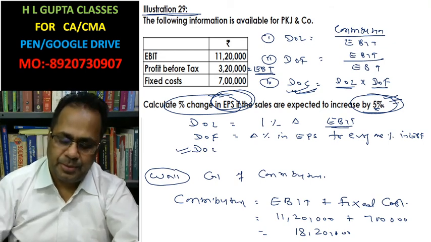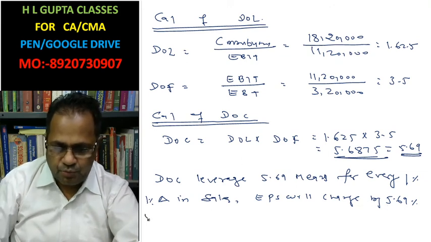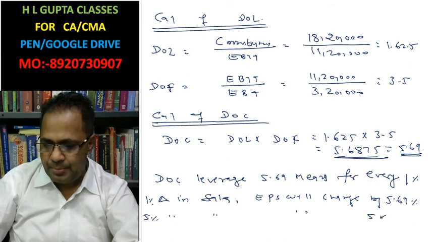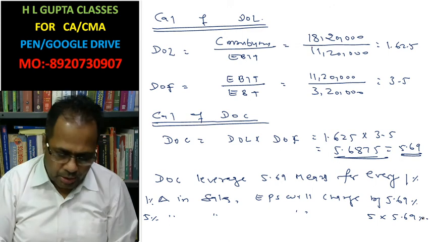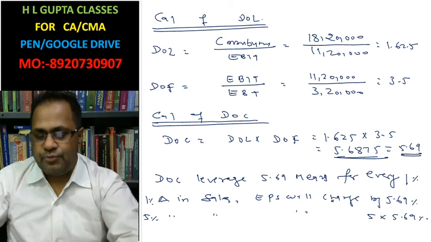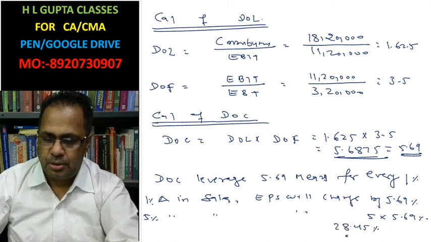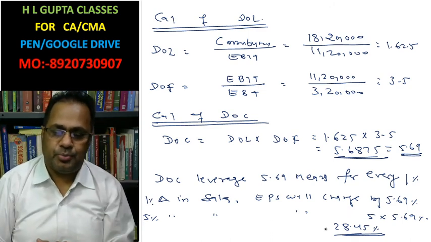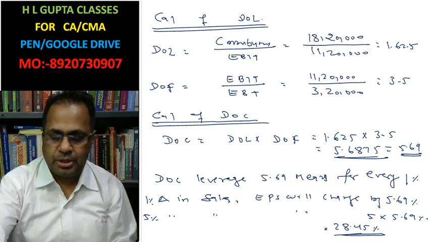For 1% it is 5.69, so for 5% change in sales, EPS will change by 5 into 5.69%, that is 28.45%. EPS will change by 28.45%.